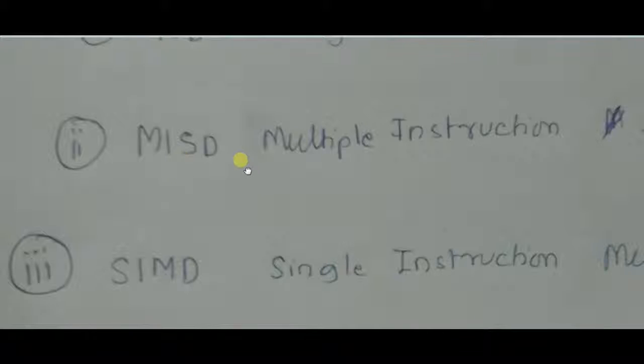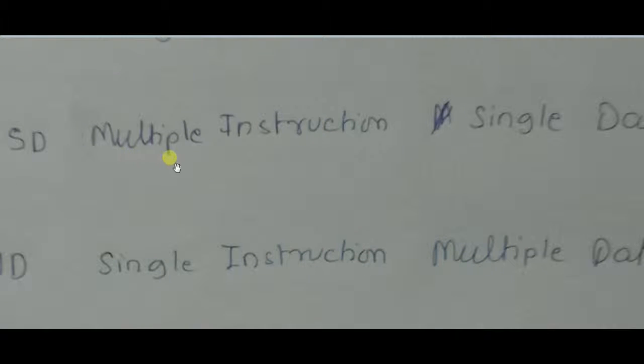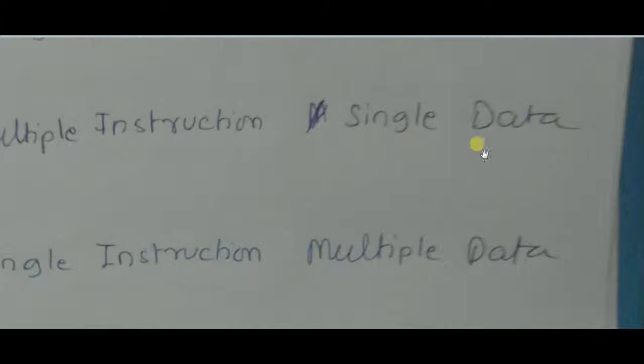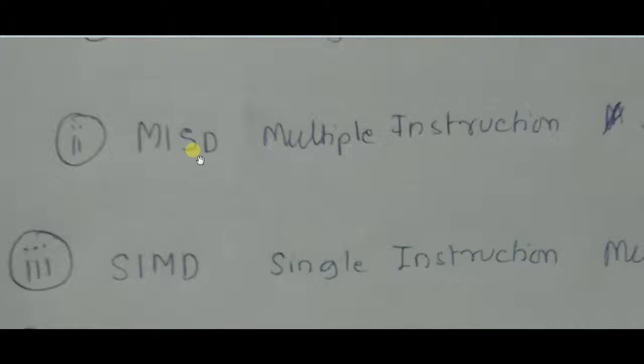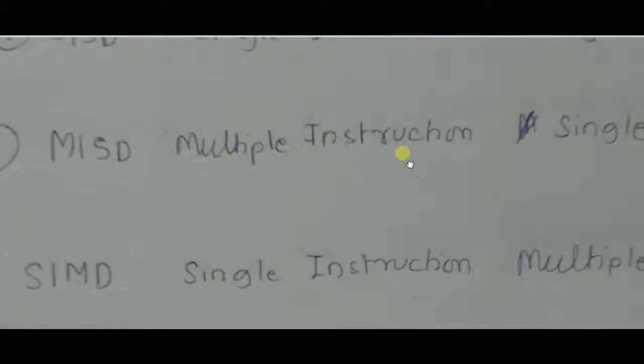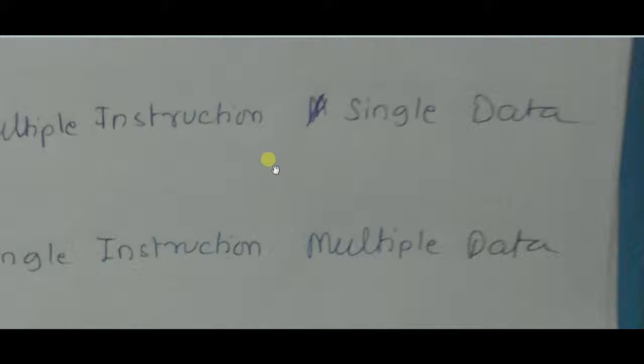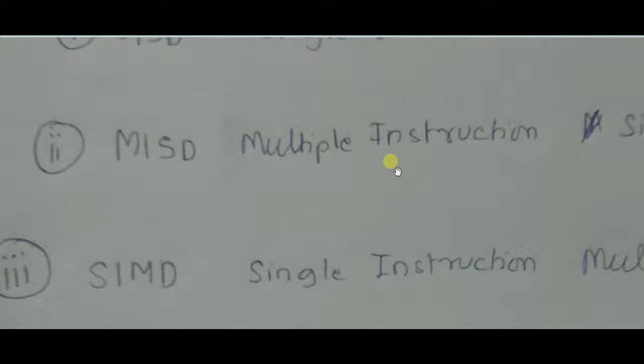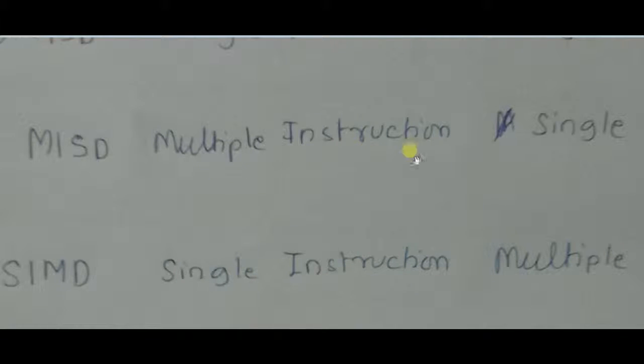Similarly, MISD means multiple instructions, single data. There would be multiple instructions but only one data processor. A control unit can send only one instruction at a time, so multiple instructions means there is more than one control unit.